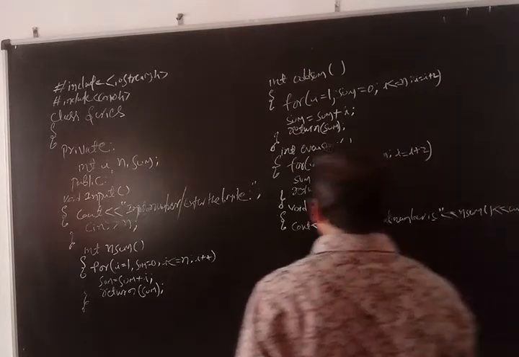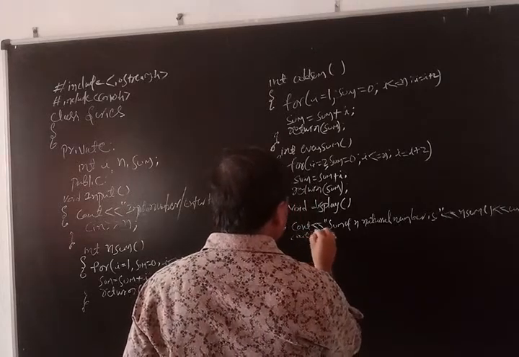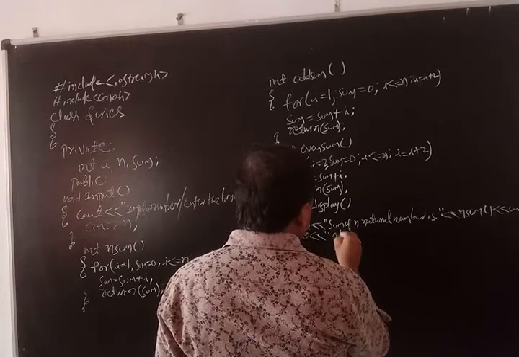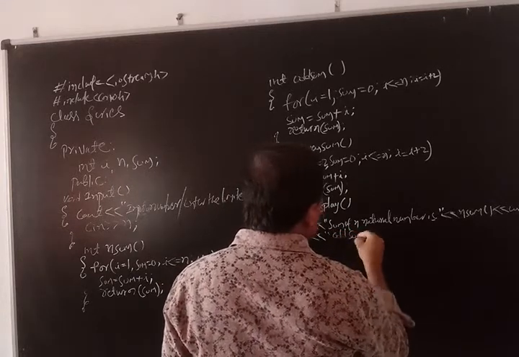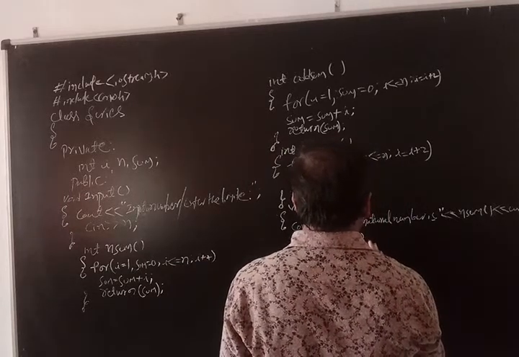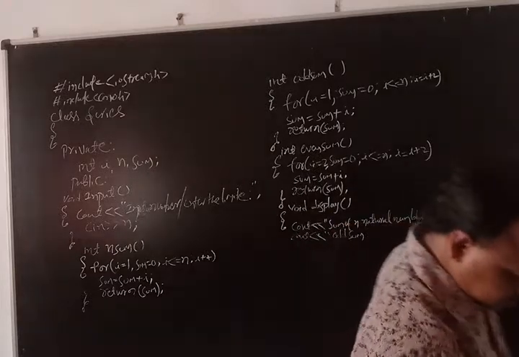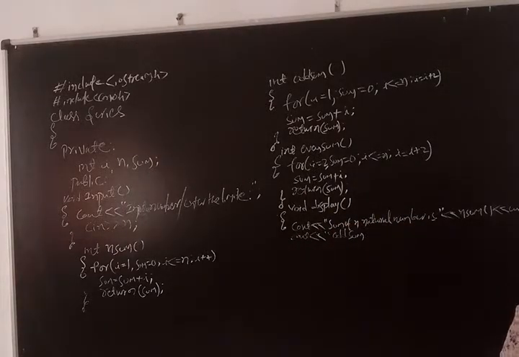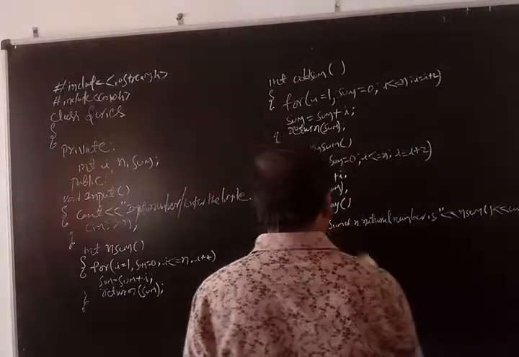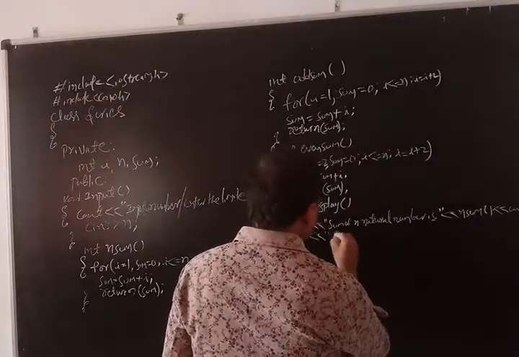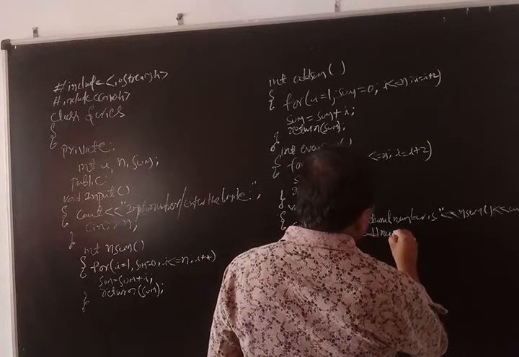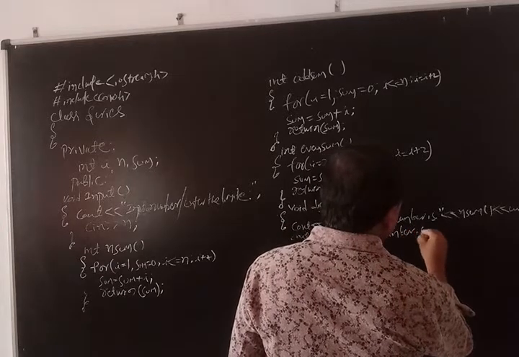And cout, next is odd sum. We can write "sum of odd number is".